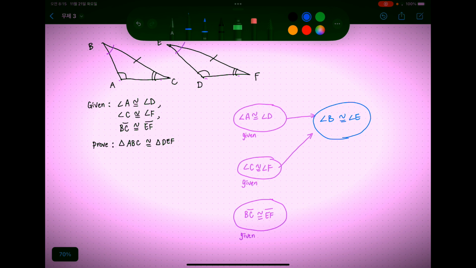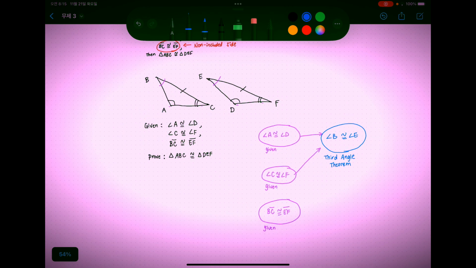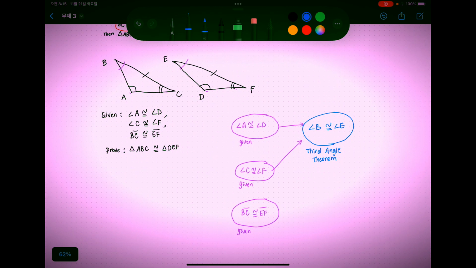Because of the third angle theorem. We covered this quite a couple of lessons back. So now we know that B and E are congruent. If we take a look, we can now use the angle B, the angle E, as well as C and F, and also the included side. BC and EF end up becoming our included sides, correct?